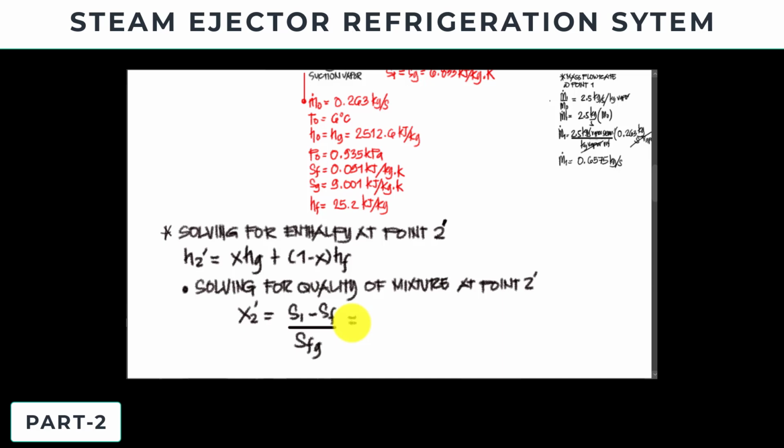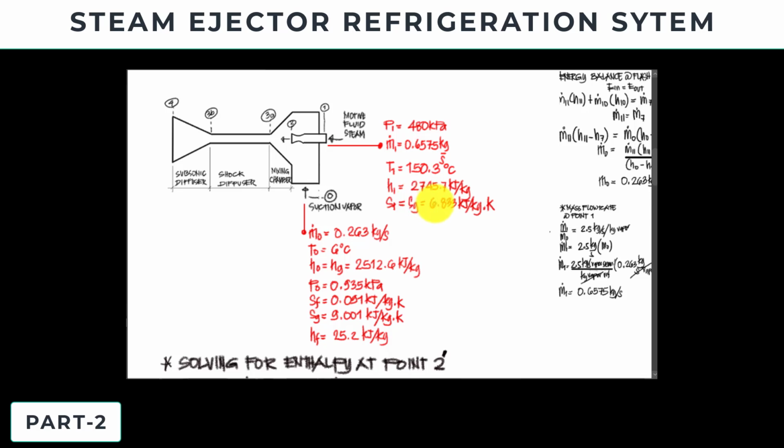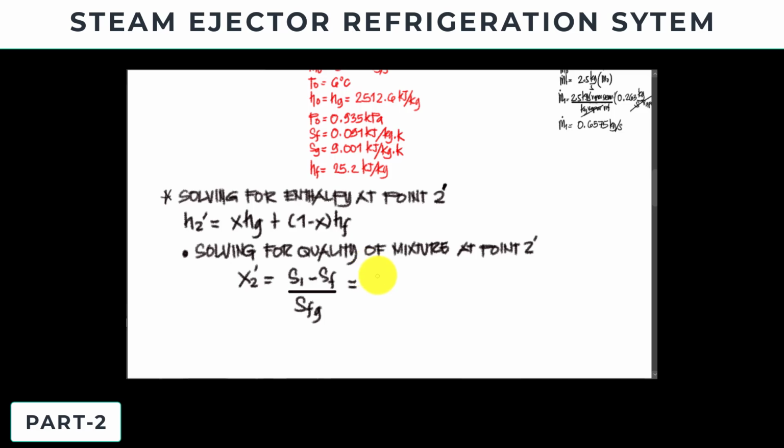Okay, for entropy 1, we have the value 6.833.